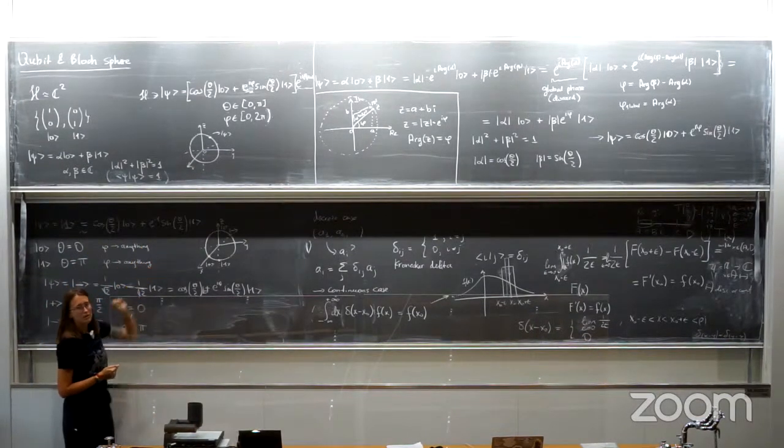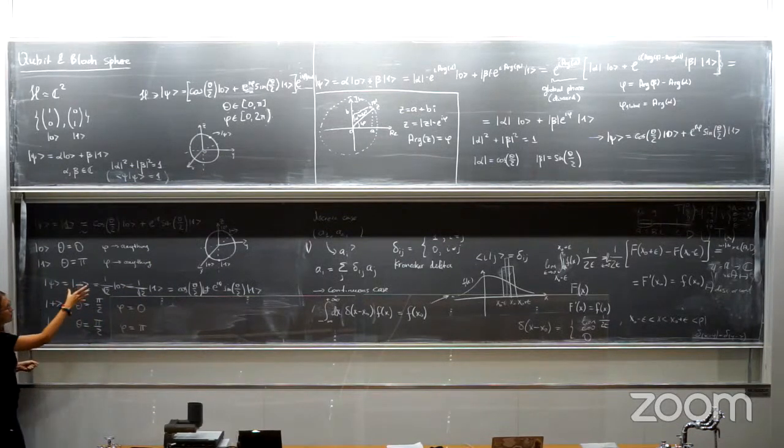But e to the power i phi times 1 is in any case equivalent to the 1 state, because we can discard phi as a global phase. Whenever you have a state psi and a state e to the power i phi psi, if you're talking about only this isolated system, then you can always say, I don't care about phi, these two states are equivalent.